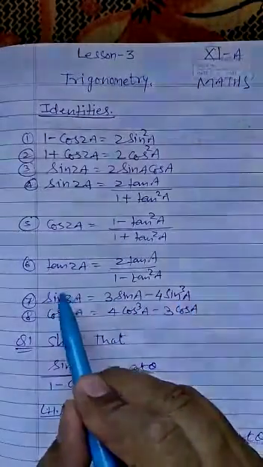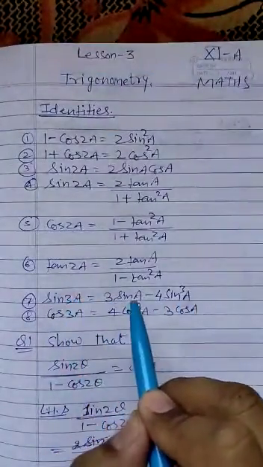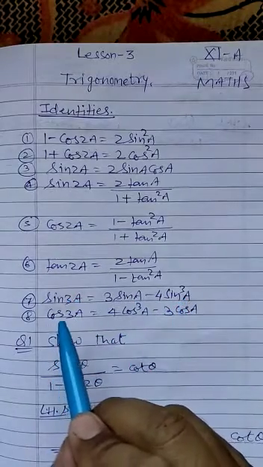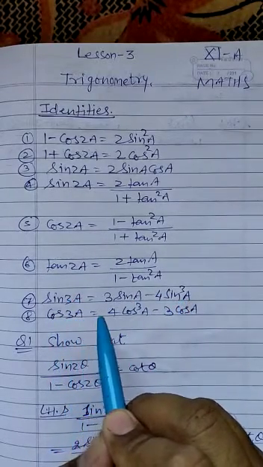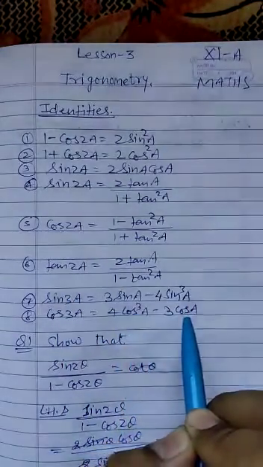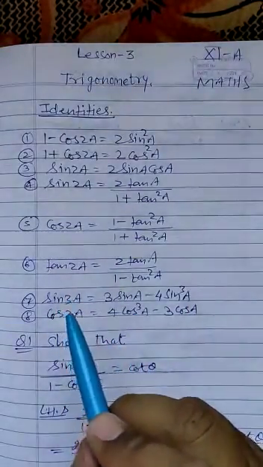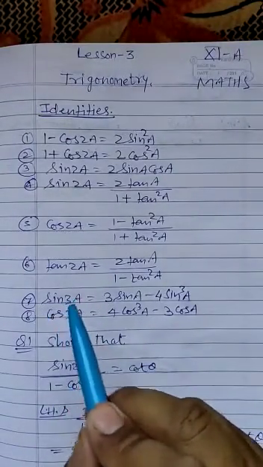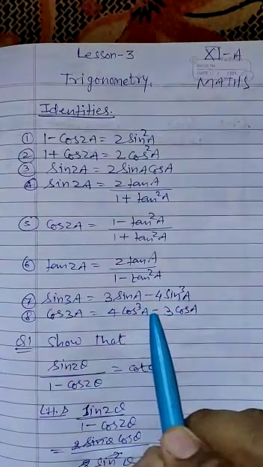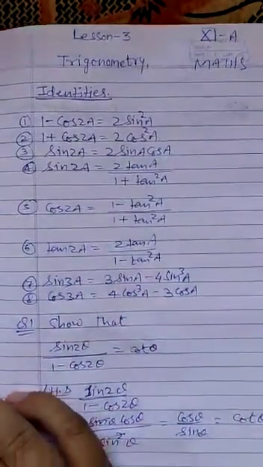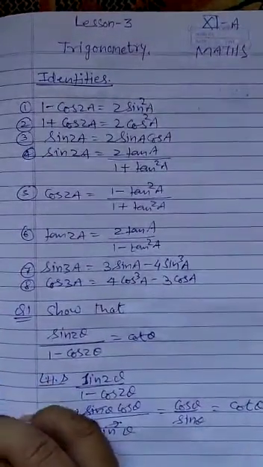In this you can see the angle here is thrice and here the angle becomes one-third. Okay. Similarly, cos 3a is equal to 4 cos cube a minus 3 cos a, and you can make the identity of tan 3a using these two. Divide these two, you will get the formula of tan 3a. Now some questions based on these identities.